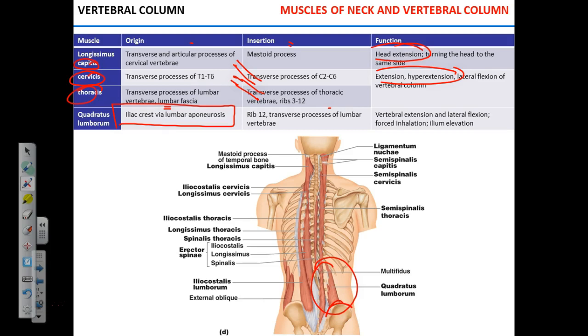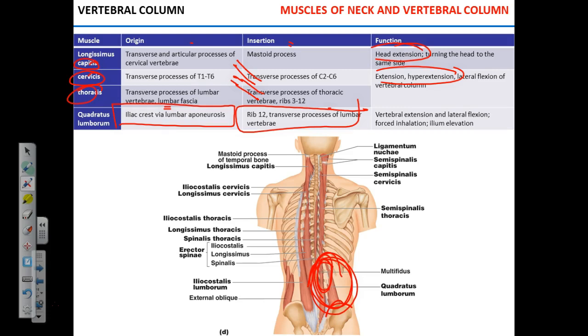The insertion is the 12th rib. The direction is wrong on that guy. Insertion is the 12th rib and transverse processes of the lumbar vertebrae. Now, this muscle, if you pull on it, it's lateral flexion. Okay? Mostly.